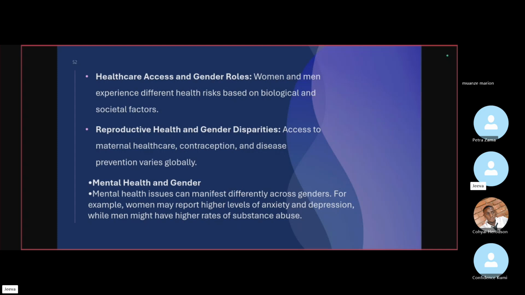I request you to read and see this topic. Just read the slide on how gender affects health. Usually, according to the place, there are different hospitals and accessibilities.